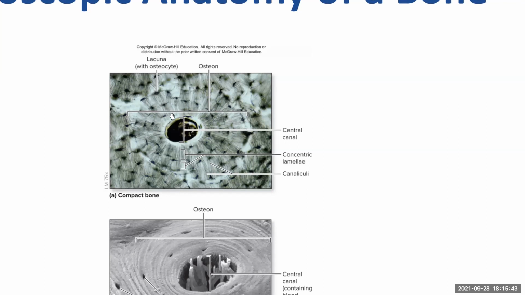Those are the canaliculi. They connect to adjacent, close-by lacunae, and it allows the osteocytes that are close to the central canal to share nutrients with some of the osteocytes further away. So it helps them maintain, so they can exchange gases, nutrients and waste products with one another.